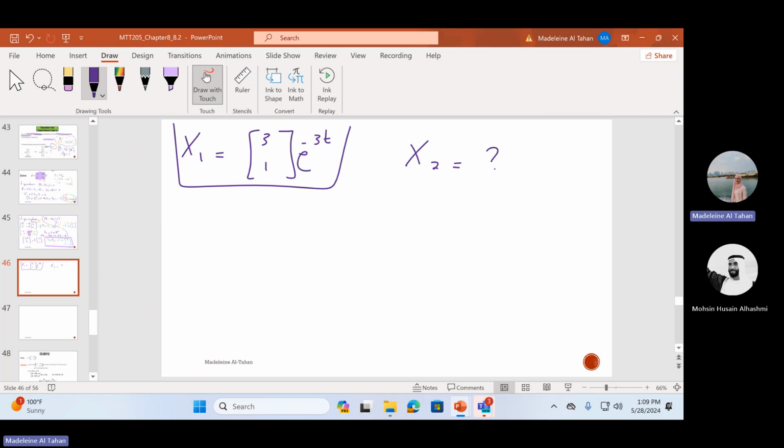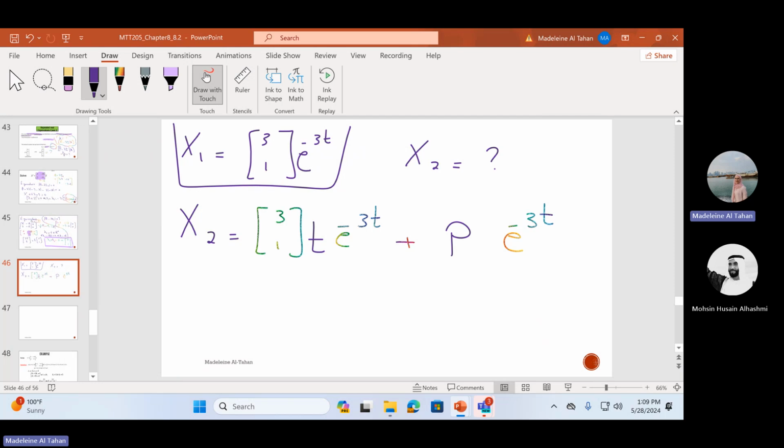In this case, the solution, we said that x2 is equal to 3, 1, e power negative 3t, and we will multiply it by t, plus e power negative 3t, and we will multiply it by a vector, right?